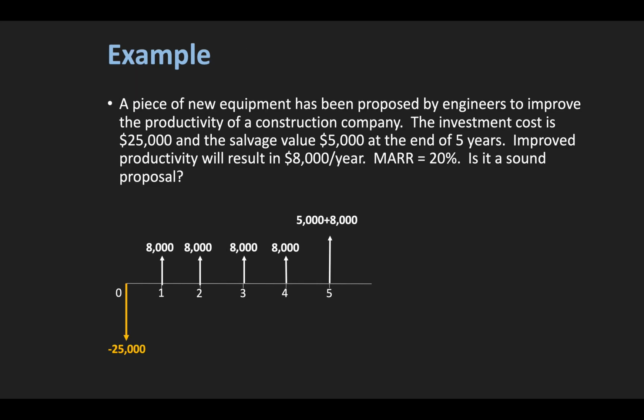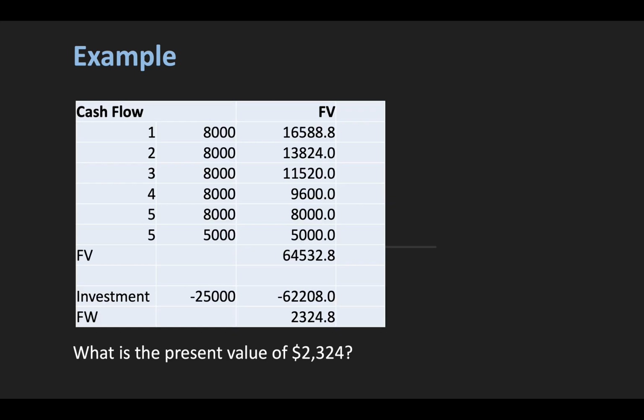Now, same example. Take 2 minutes to calculate what the future worth will be. All right. So the calculation is exactly the same. I still did it this way. Same cash flow, right?